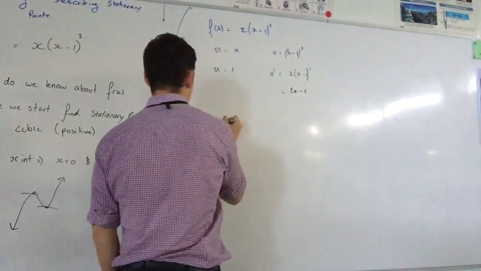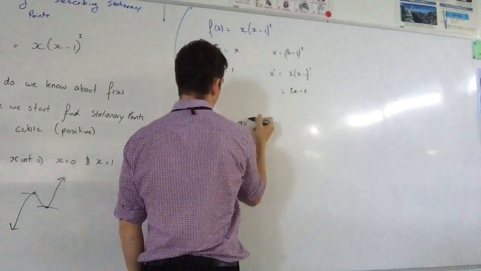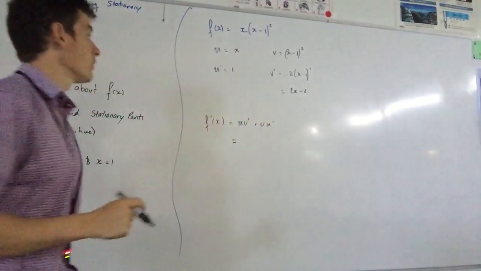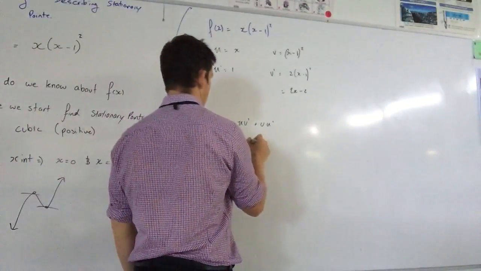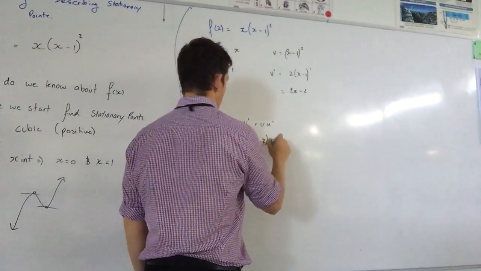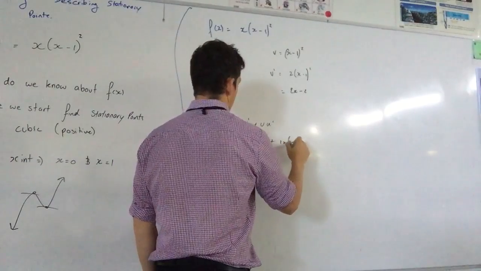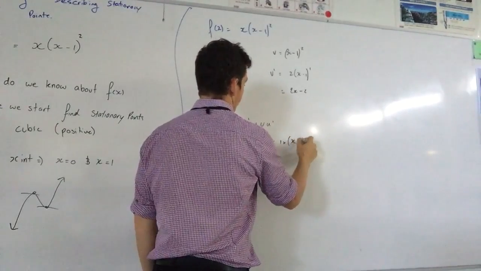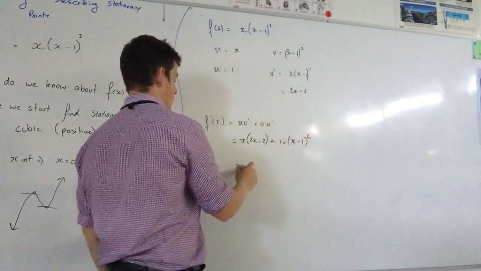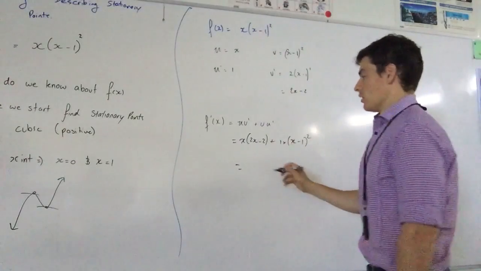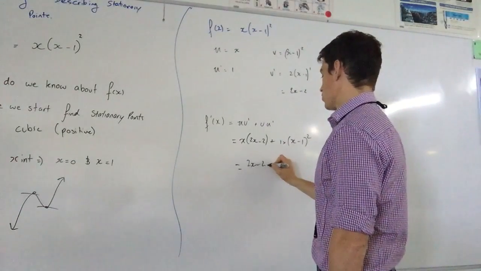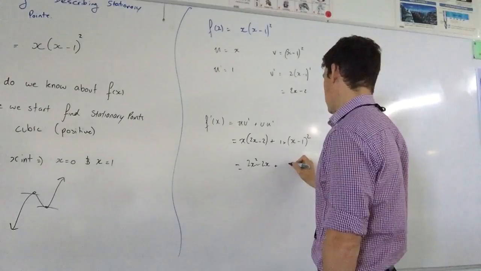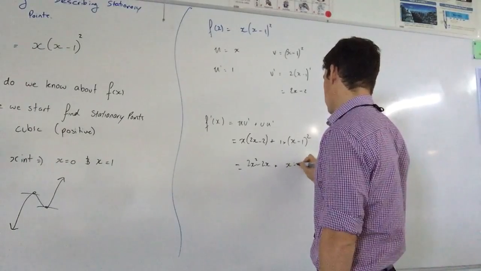f'(x) equals uv' plus vu'. Shove my values in: x times (2x - 2) plus 1 times (x - 1)². I can see there I get 2x² - 2x plus (x - 1)².